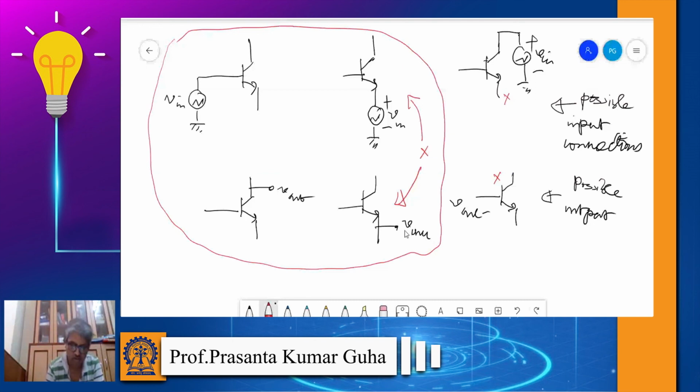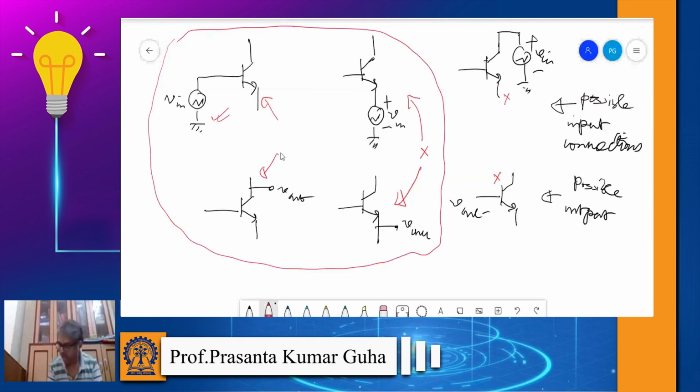So in a nutshell, we will have 3 combinations, where we give the input at the base and see the output at either the collector or the emitter. We will see whether we can cover all these 3 combinations in this class, but we will definitely discuss this particular combination in the class.